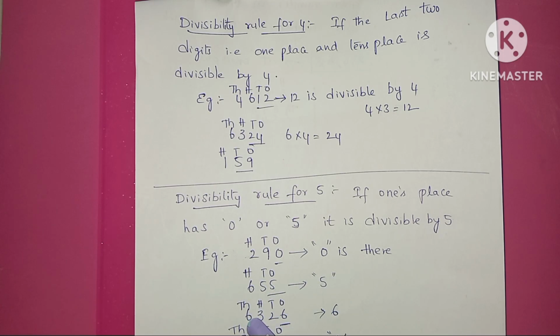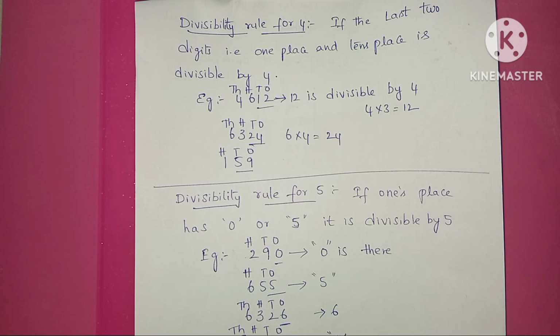And another example, 6326, whether 4 digit or 5 digit, whatever it may be, look at the ones place. Its ones place is 6, and we should take only 0 and 5, so 6 is not in the divisibility rule for 5, so it is not divisible by 5. 9250, ones place is 0, so it is considered to be divisible by 5.